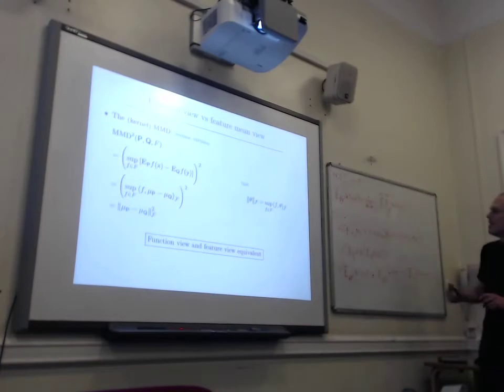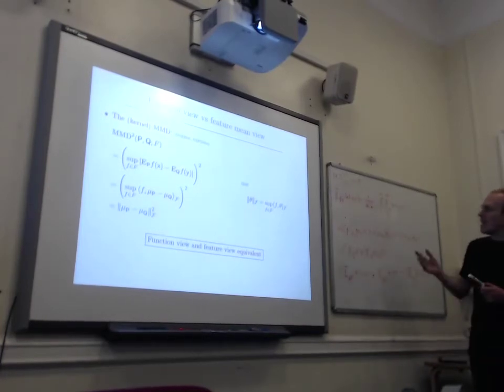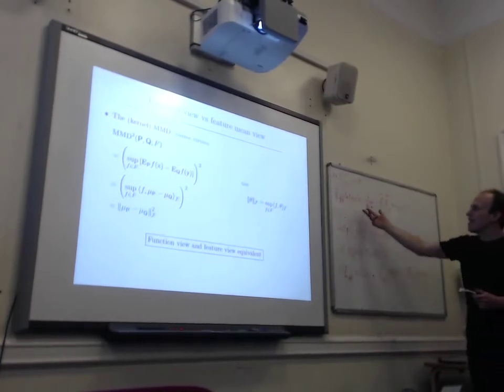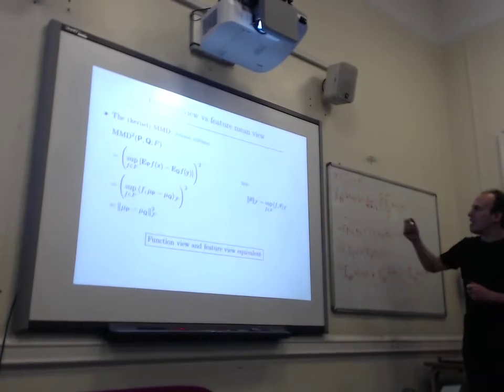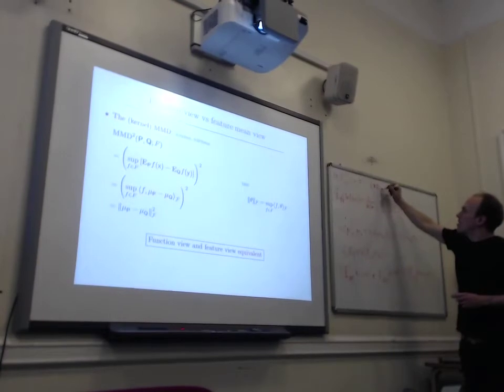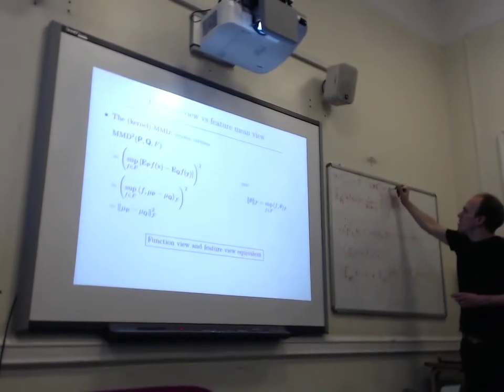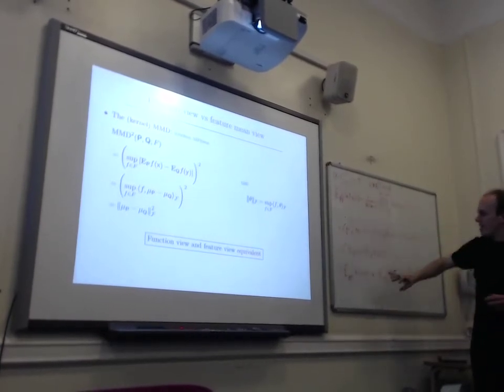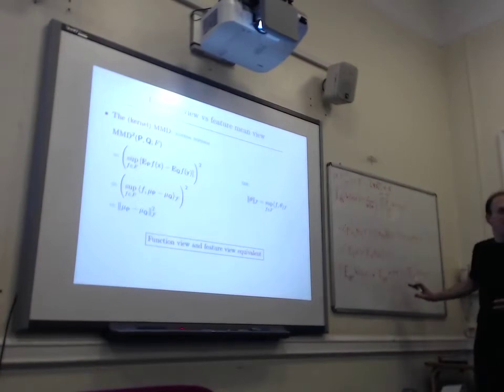So this is how I compute it. And this is nice because now if I have a sample from P and I have a sample from Q, I can use this trick to compute the distance between P and Q based on that sample. So now I've got a distance between probabilities.